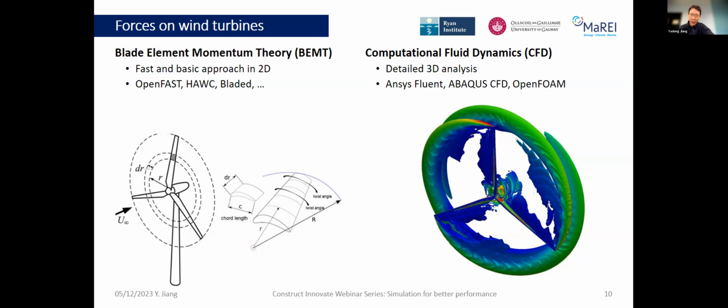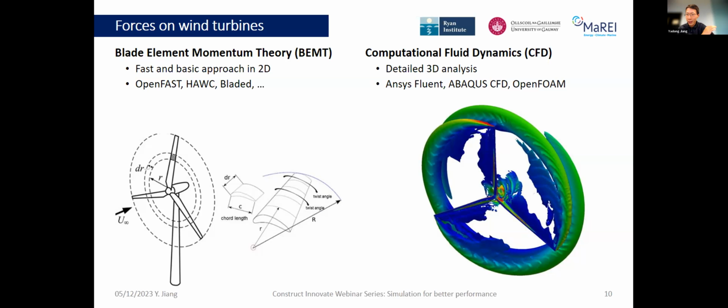If you want to perform a CFD analysis, you can use software such as Ansys Fluent, Fluent, and OpenFOAM.